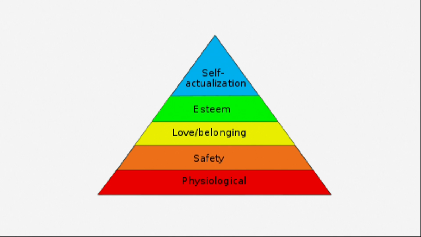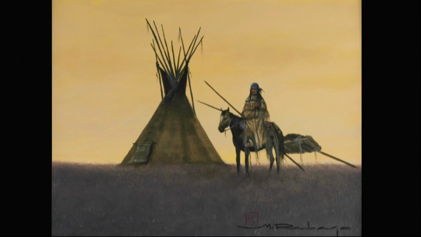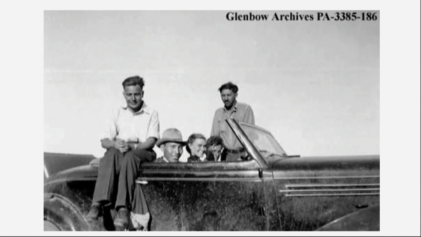But what most people don't know about Maslow's hierarchy is that its roots go much deeper than the 1943 paper published by Abraham Maslow. This is a photo of Abe Maslow in 1938, where he was engaged in a field study on a Blackfoot Native American reservation.